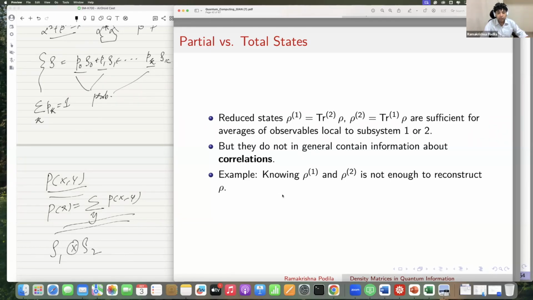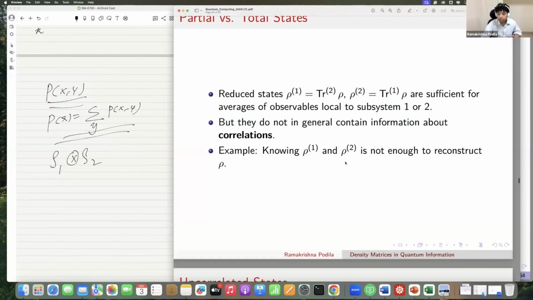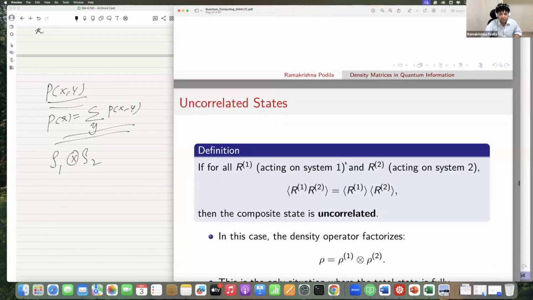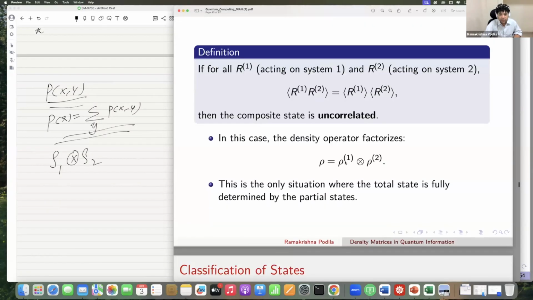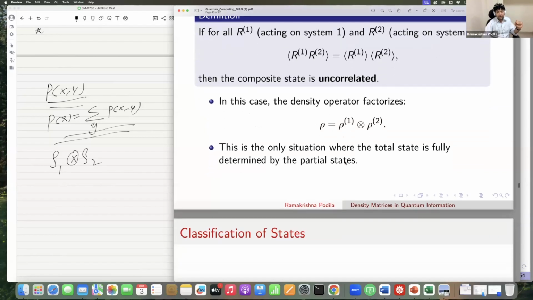We talked about reduced states, but in general, we want to talk about correlation. So let us see what uncorrelated states are. Whenever we talk about two systems that are combined, if we can express them by factorizing like this, rho one and rho two, if I can separately express them, they are separable, then we say that they are uncorrelated.